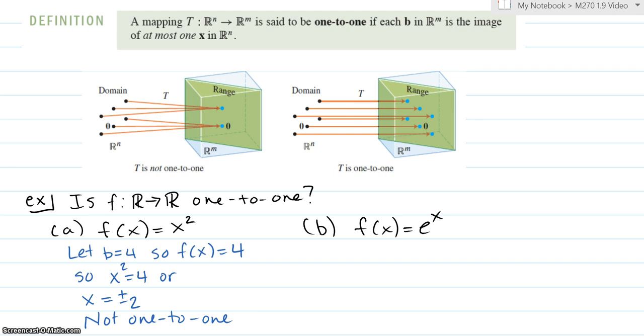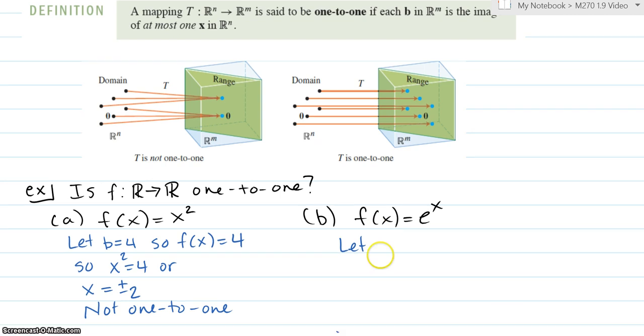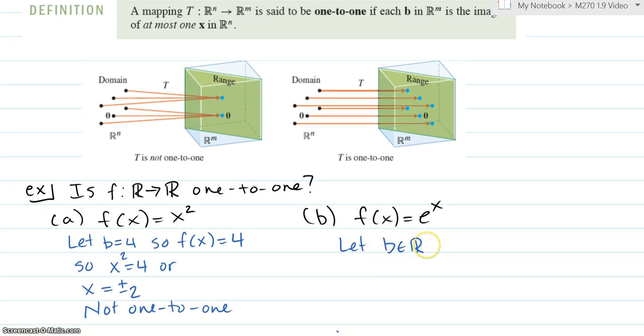Versus e to the x. e to the x is one-to-one. So I'm going to do the same thing. I don't have a value this time, so since it is one-to-one, I'm going to just let b be in the range where f of x is equal to b.